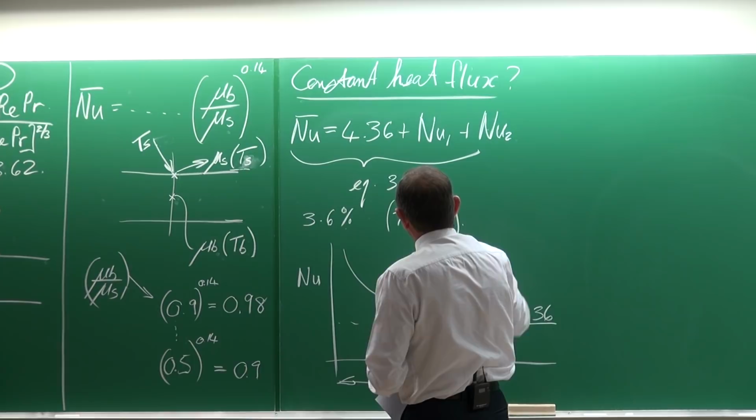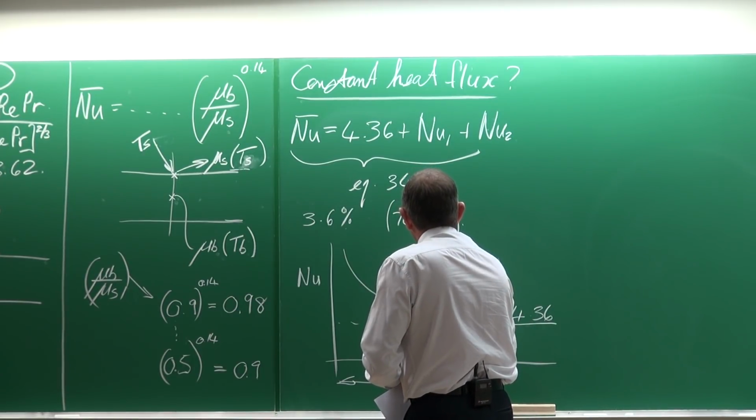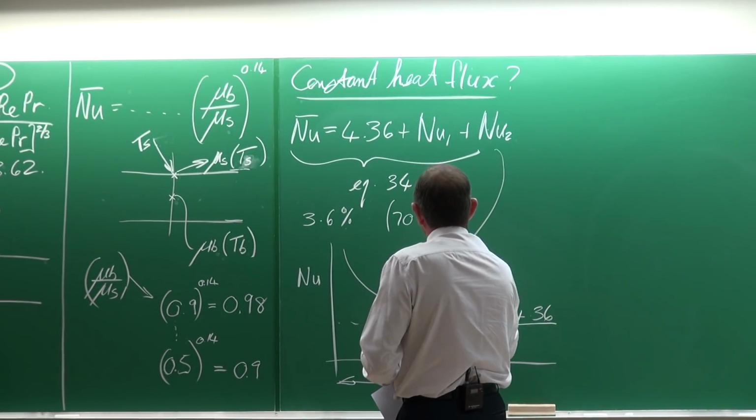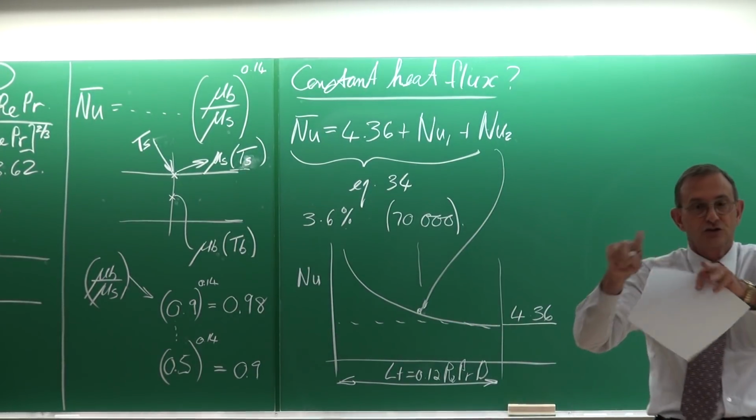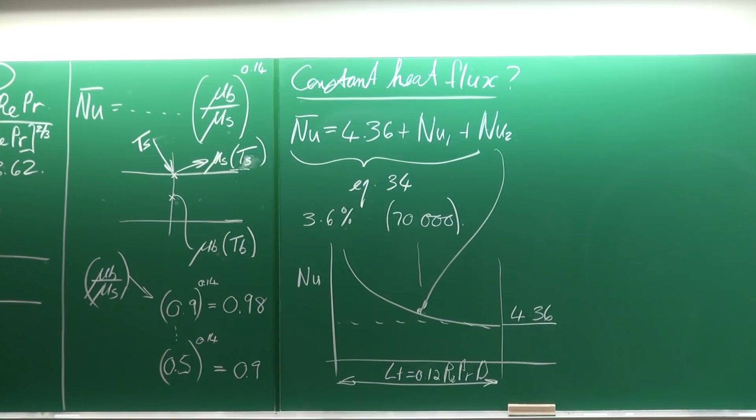And if you want to get the Nusselt number maybe at that point there, but not at that point, the average value from the beginning to the end, then you can get it from that equation. Okay, that is for laminar flow.